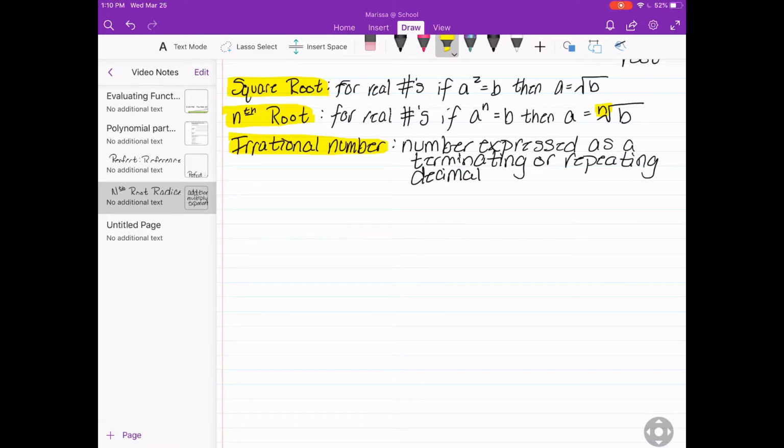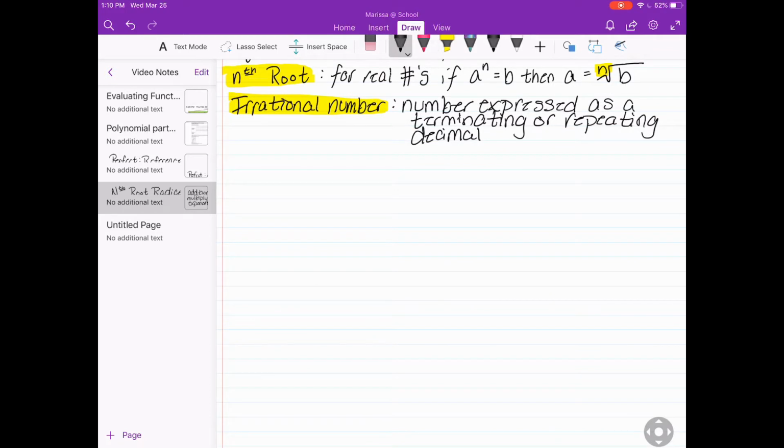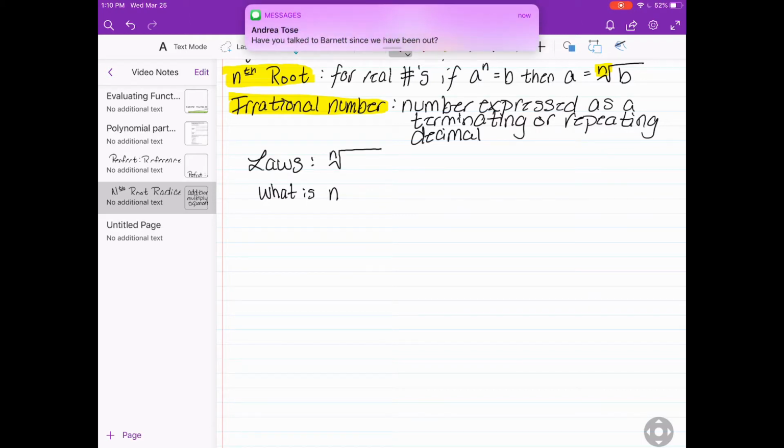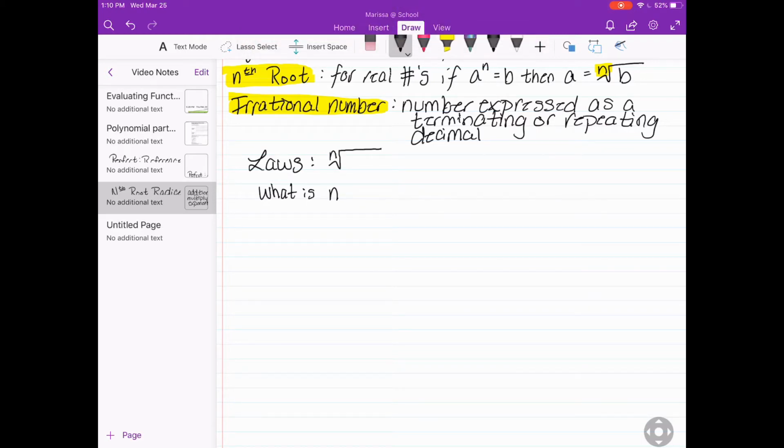All right, so moving on to some laws. For the laws, we're going to make a chart. The first column is what is n. And we're using n in the sense of this particular form, and b is on the inside.